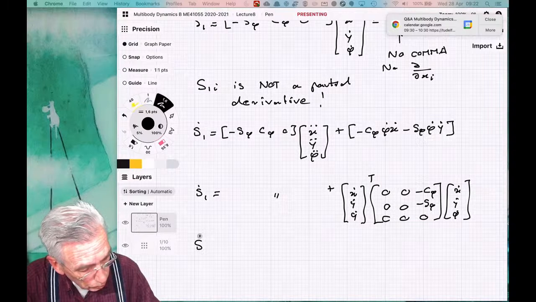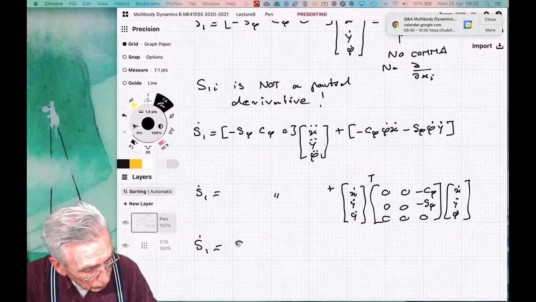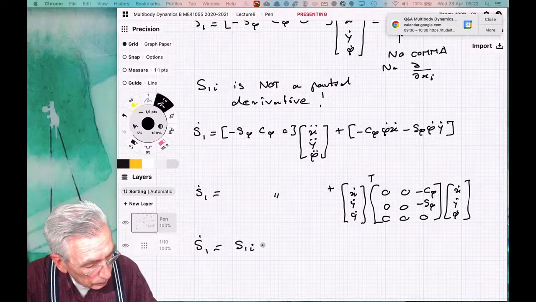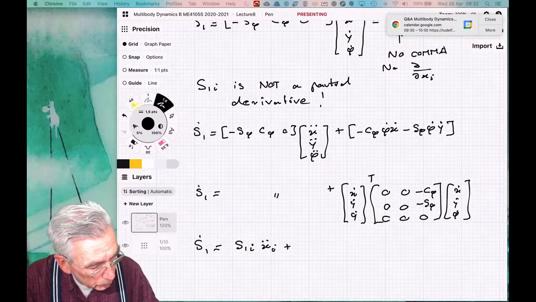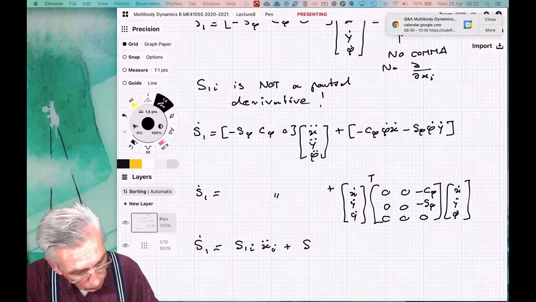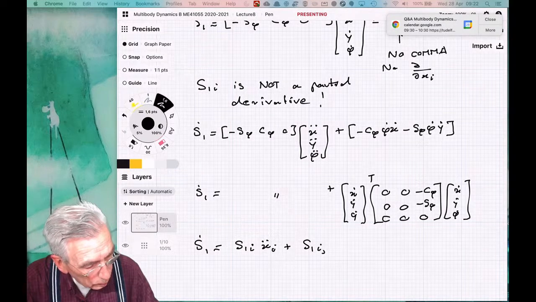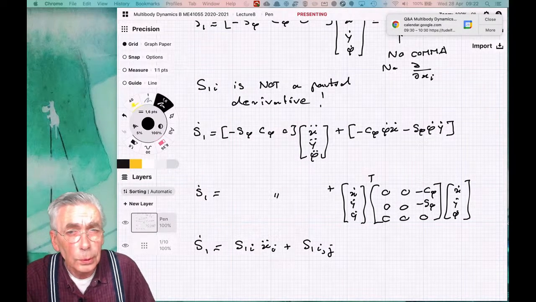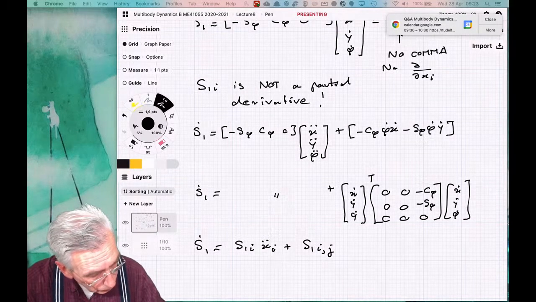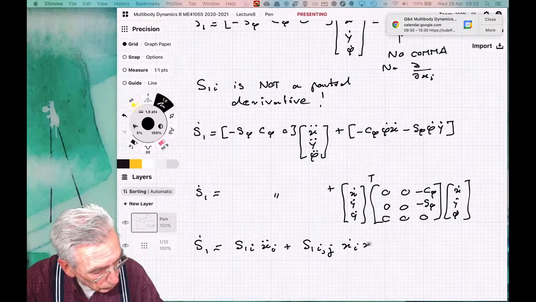We can say s dot equals, and then what did we have? We had this non-Jacobian thing. S1I times x double dot I, plus S1I comma j, and now that's a real comma, because that was a partial derivative, times x dot I and x dot j.